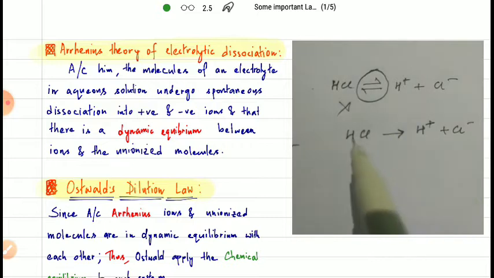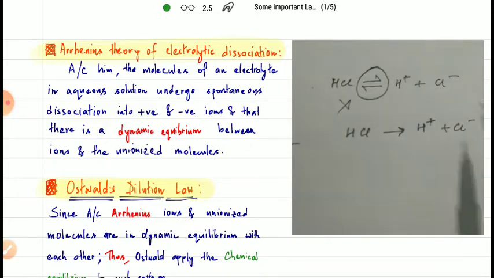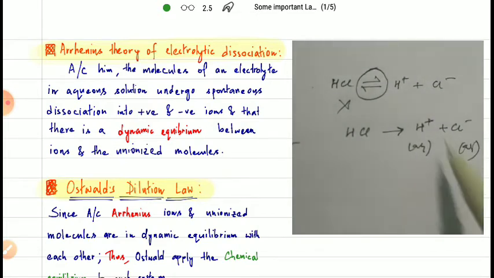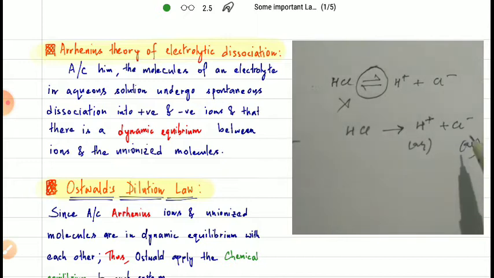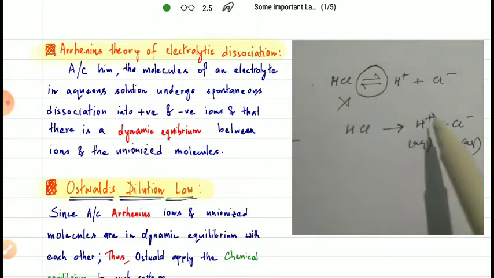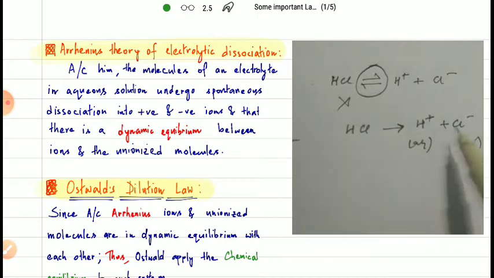Once we add HCl in water, that means an aqueous medium, it forms H positive and Cl negative in that aqueous medium. It is a very fast process, so the H positive and Cl negative will not get any time to recombine to form HCl.